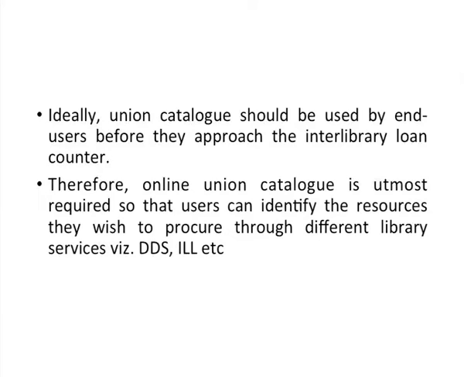Public access to a Union Catalog is also imperative, because not only library staff but also the end user can more readily identify potentially valuable interlibrary loan as well as other transactions. Ideally, the union catalog should be used by the end user before they approach the interlibrary loan counter of their respective libraries.